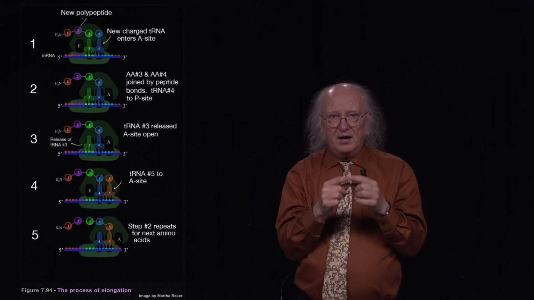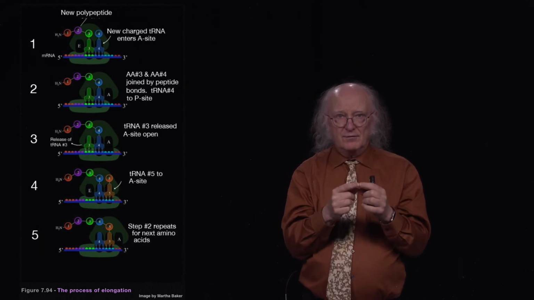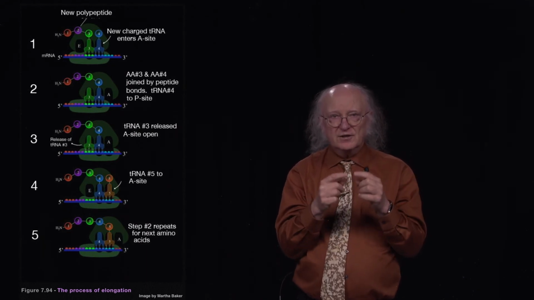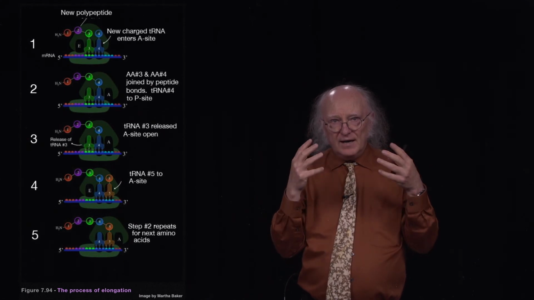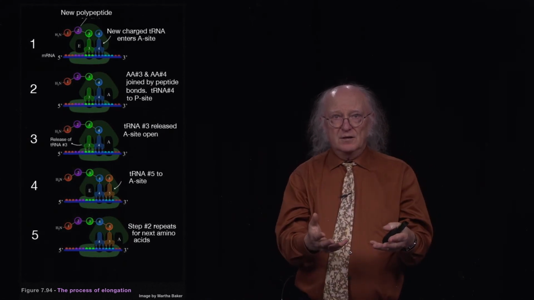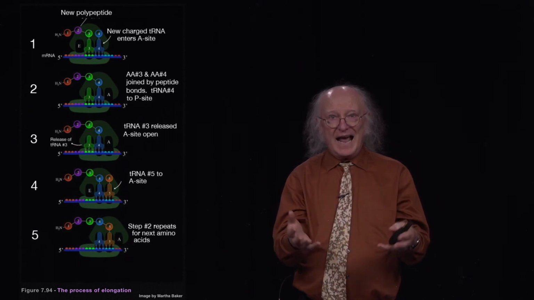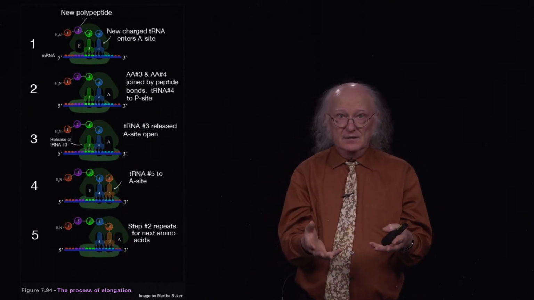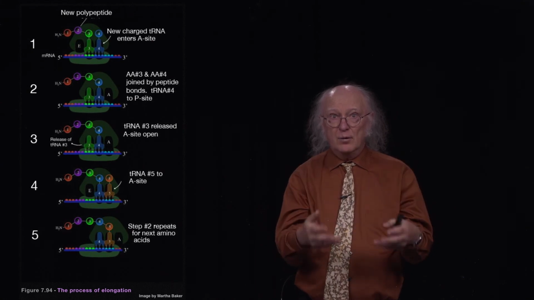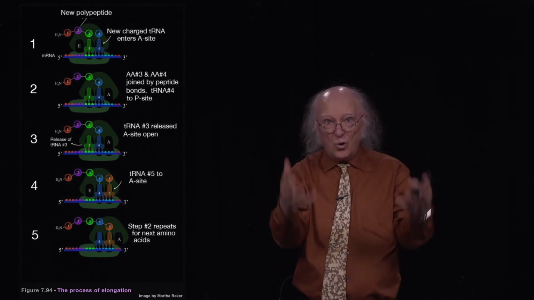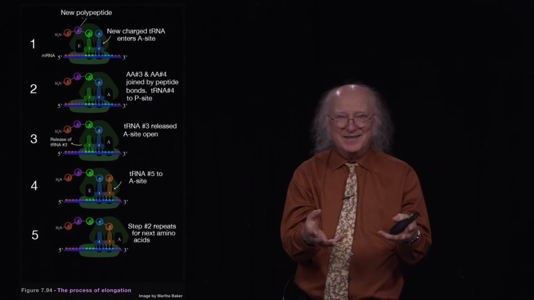Well, peptide bonds are formed inside of ribosomes as a result of action of a ribozyme, okay? A ribozyme I've talked about elsewhere in class. Ribozymes are catalytic RNAs, okay? It's not an enzyme, it's a ribozyme in a ribosome, okay? Don't get confused with the names there.